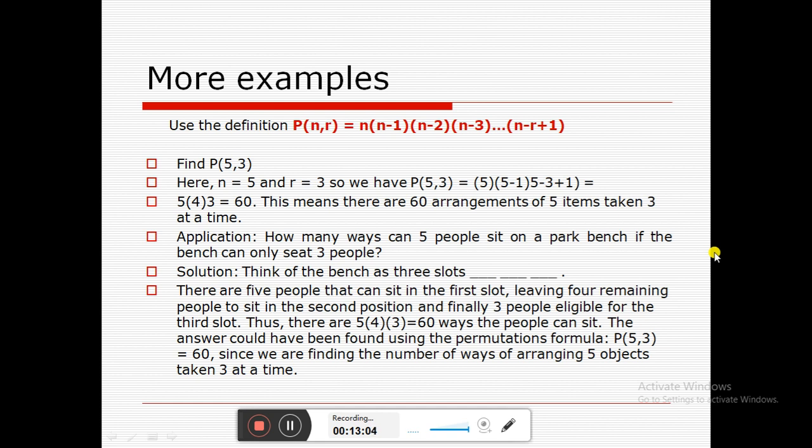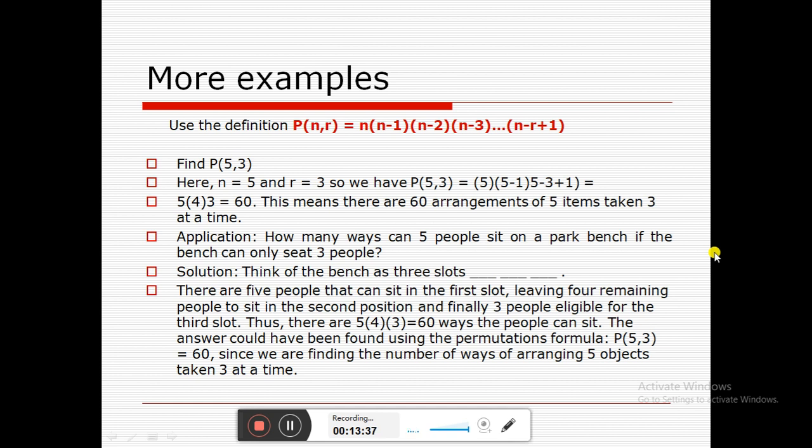Application. In how many ways can 5 people sit on a park bench if the bench can only seat 3 people? Solution: think of the bench as 3 slots A, B, C. There are 5 people that can sit in the first slot, leaving 4 remaining people for the second position, and finally 3 eligible for the third slot.